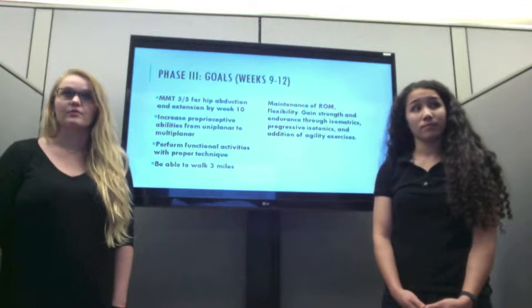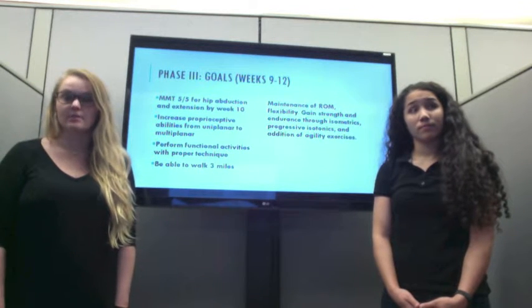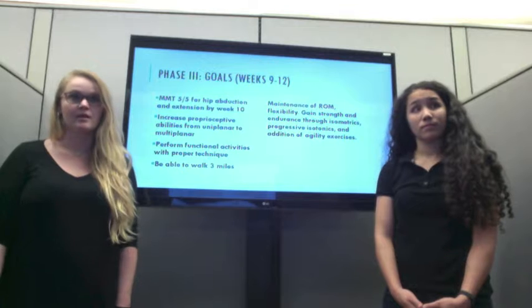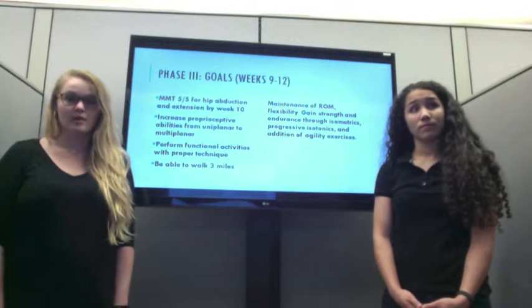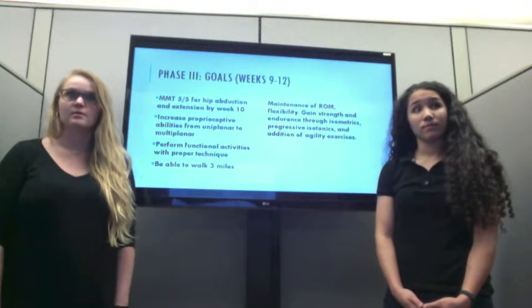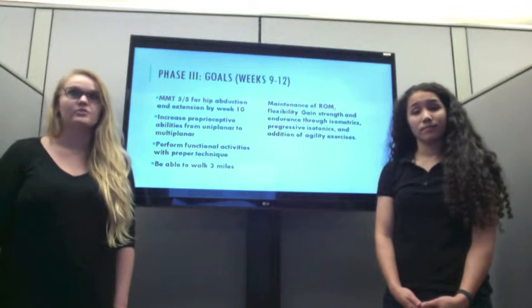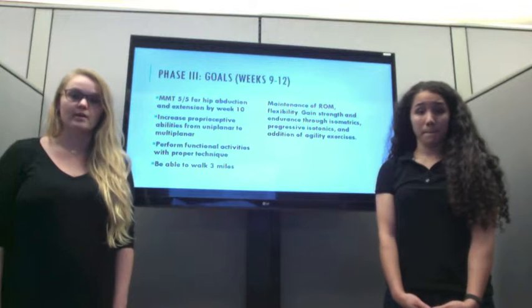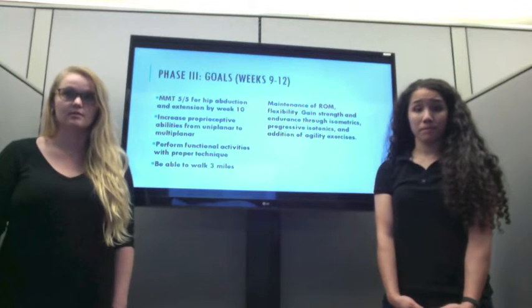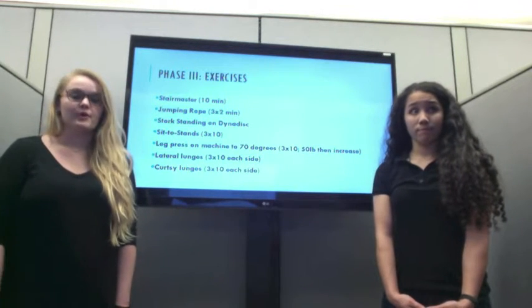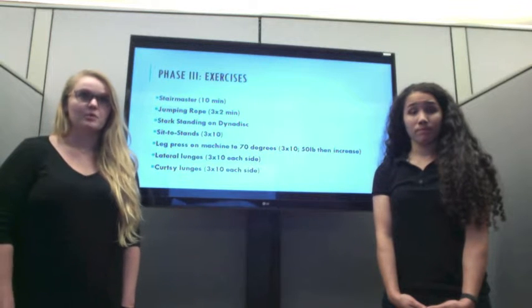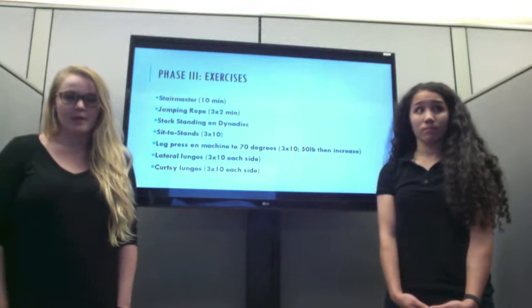We're going to start performing some functional activities and making sure our patient has proper technique. And we're going to start being able to walk longer distances. We also want to make sure that we're still maintaining our range of motion and flexibility while we gain these strengths and endurances. These are a few of the exercises that we will be doing in this phase, and now we will demonstrate the sit to stands.